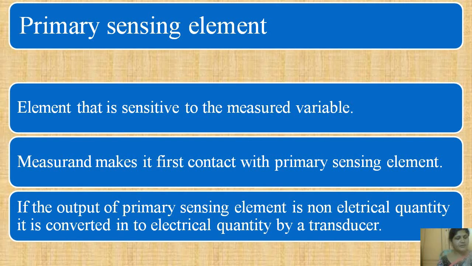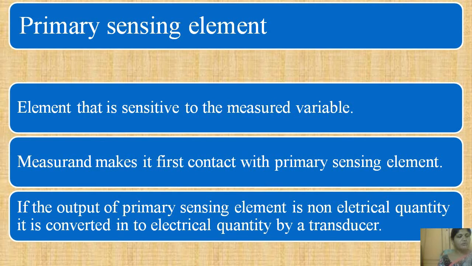Now the primary sensing element is first measuring the measurand, that is, the measured variable. The output of the primary sensing element can be a non-electrical quantity or an electrical quantity. Strain, pressure and force all come under non-electrical quantities. Voltage, current and rectifiers come under electrical quantities, where the output is an electrical quantity.